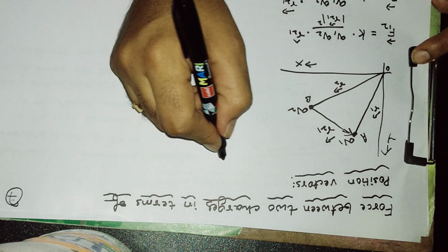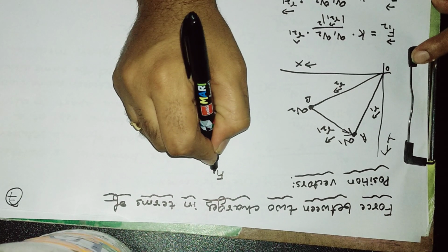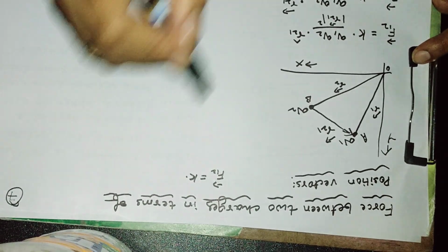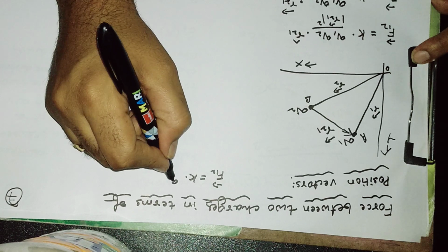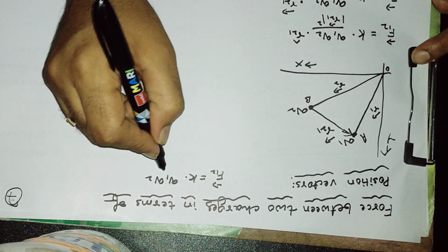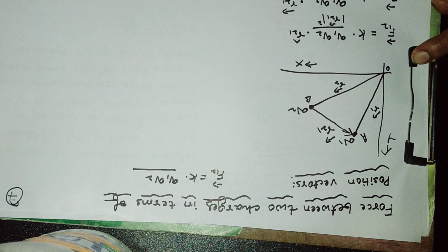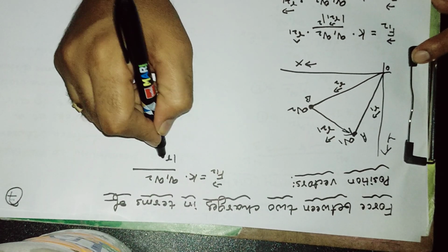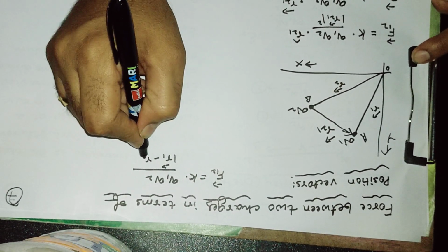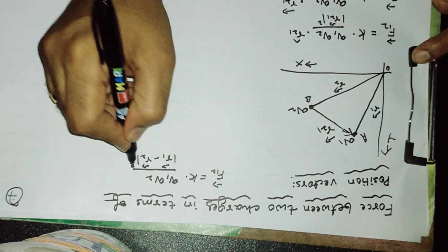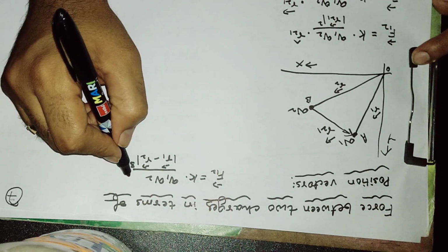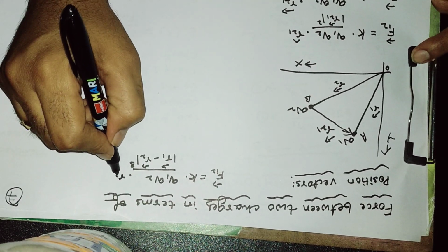So further I may write F12 as K into Q1 Q2 divided by, see here, vector R1 minus R2 whole square into vector R1 minus R2. Both are in magnitude, so you may write magnitude of vector R1 minus vector R2 whole cube. This becomes cube, since here you have square and one more here, into vector R21.